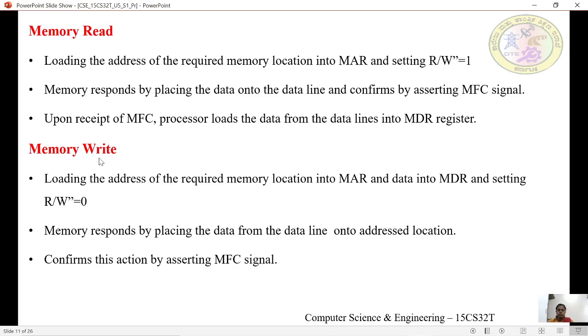In the same way, during the write operation, the processor loads the address of the required memory location into MAR and data into MDR and sets the read/write signal to 0. The memory responds by placing the data from the data line onto the addressed location. This confirms the action by asserting the MFC signal.